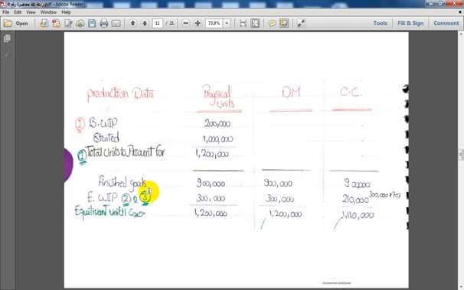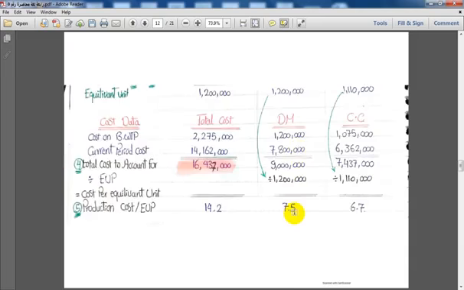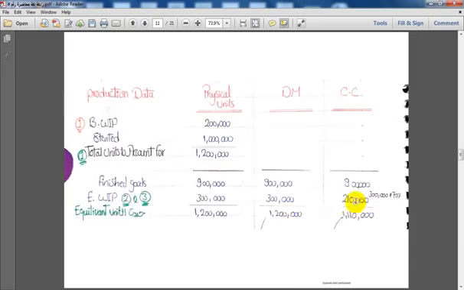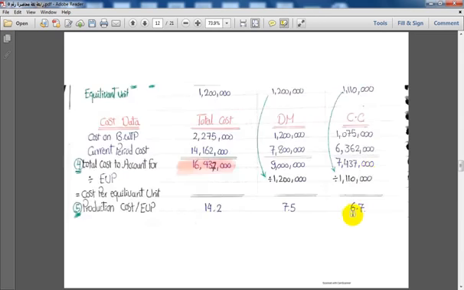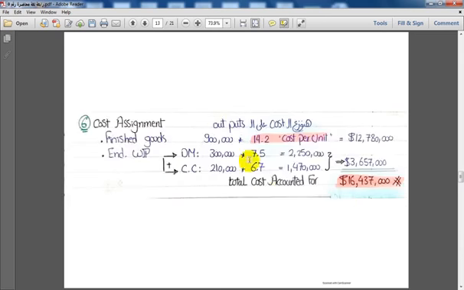Ending work in process: 300,000 direct material times 7.5 plus 210,000 conversion cost times 6.7 equal 3,657,000.